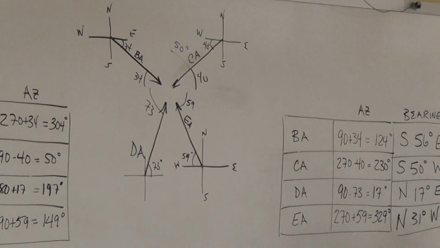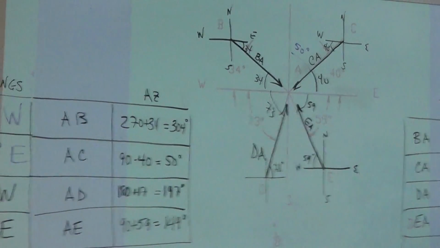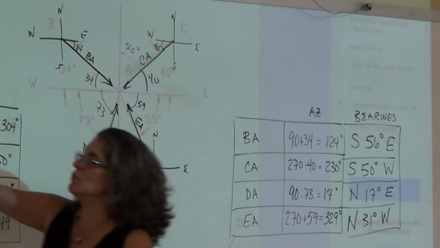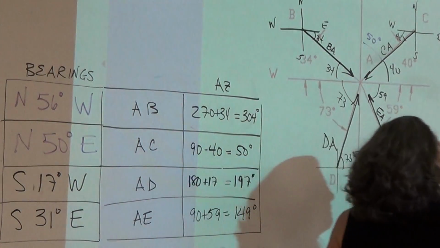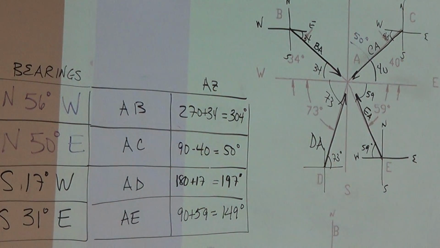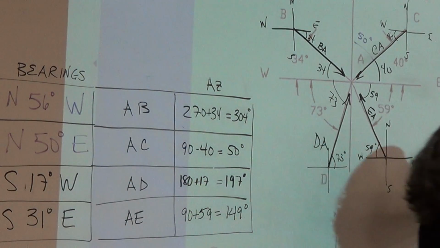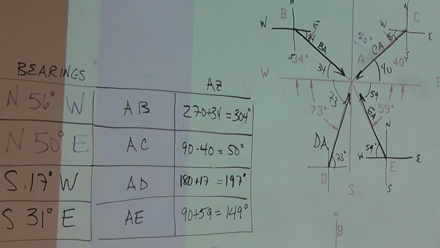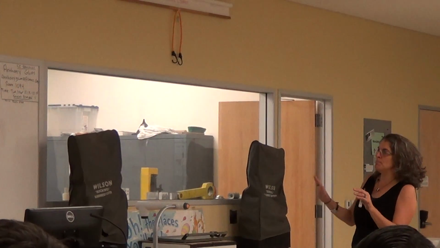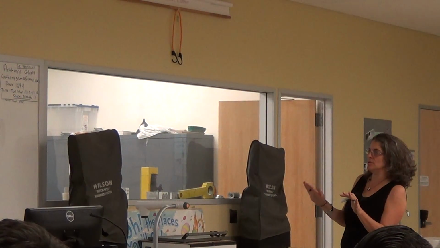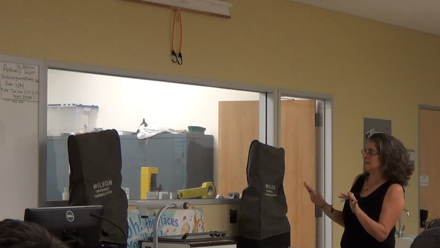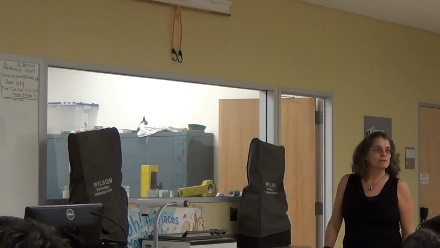So if I give you a problem where I want the forward and the back, is it a good idea to do the forward and then just make it opposite? No. You do the forward, you do the back, and then you compare them to make sure that they're the same, because you want to do a check. So how about the AC and CA? Checked. AD, DA, yes. AE, EA, checked.